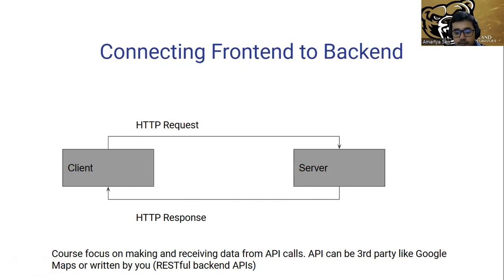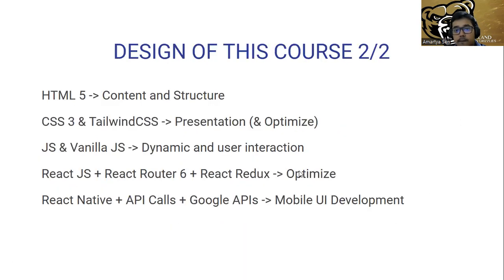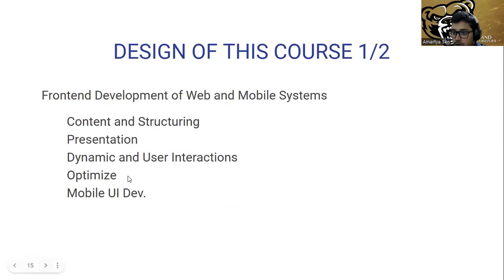So essentially this is what the course is about. Just to make a quick recap, there are 5 modules. Everything is with respect to front-end UI development for web and mobile systems. We are going to learn about the content and structuring of web systems, the presentation of web systems, how to make your UIs dynamic and incorporate user interaction, and how to optimize the development process by learning a JavaScript framework, which is React.js.